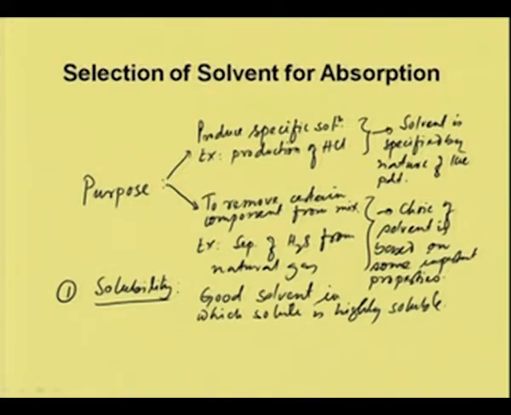For example, if we take H2S and caustic soda, then H2S is highly soluble in that solvent. But if the purpose is to reuse the solvent and recover the absorbed component, then the solvent should be chosen in such a way that the reaction with the solute is reversible in nature.